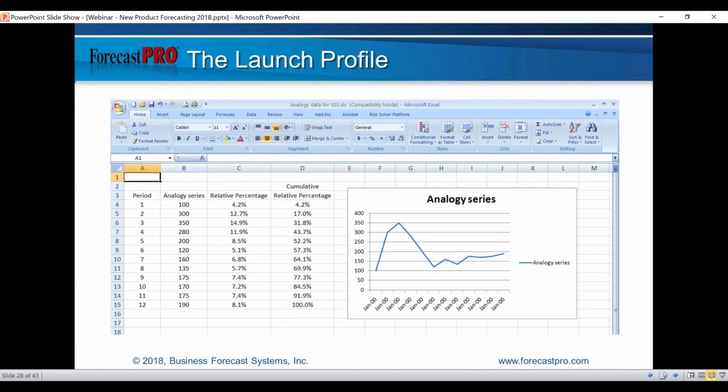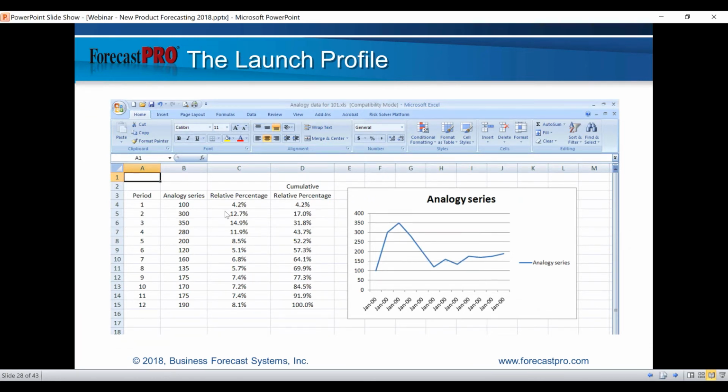Over here, we can see the underlying data for this graph, which is just the sales over the first 12 months of that new product launch. But what we really want to focus on is the relative percentage and the cumulative relative percentage.